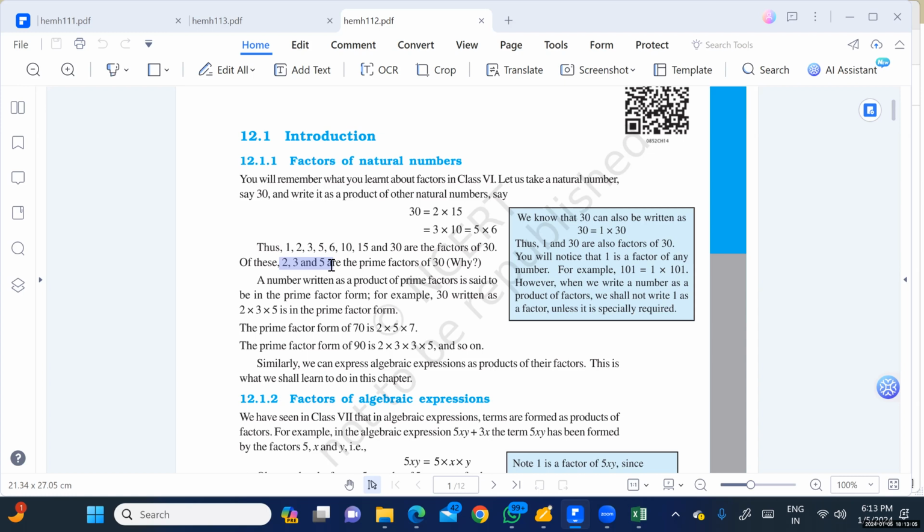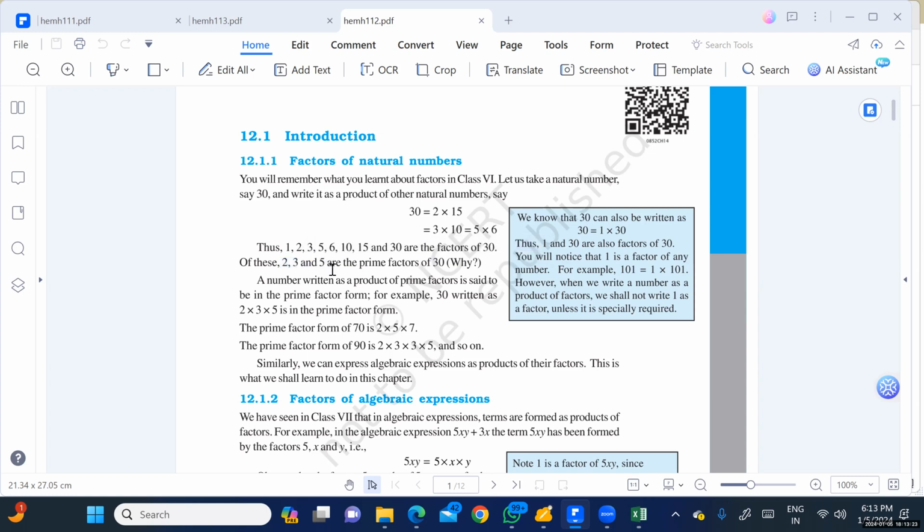Arush, what are prime numbers? So the number that is divisible by itself and one is known as a prime number.